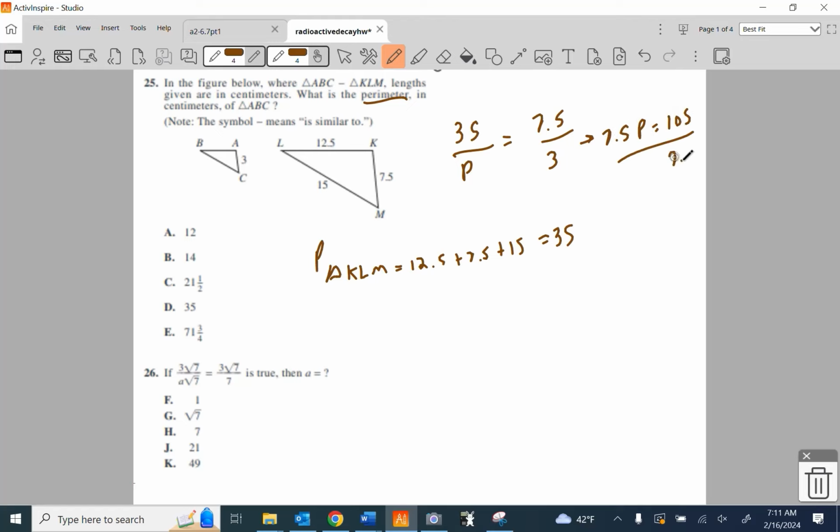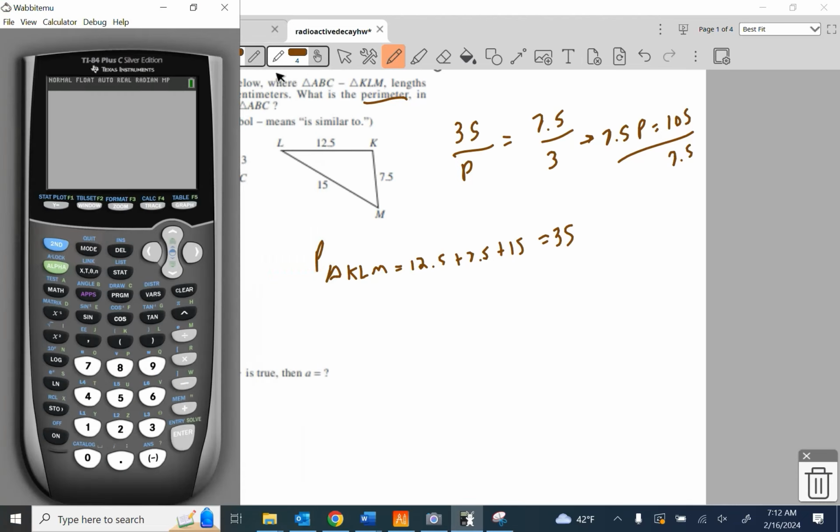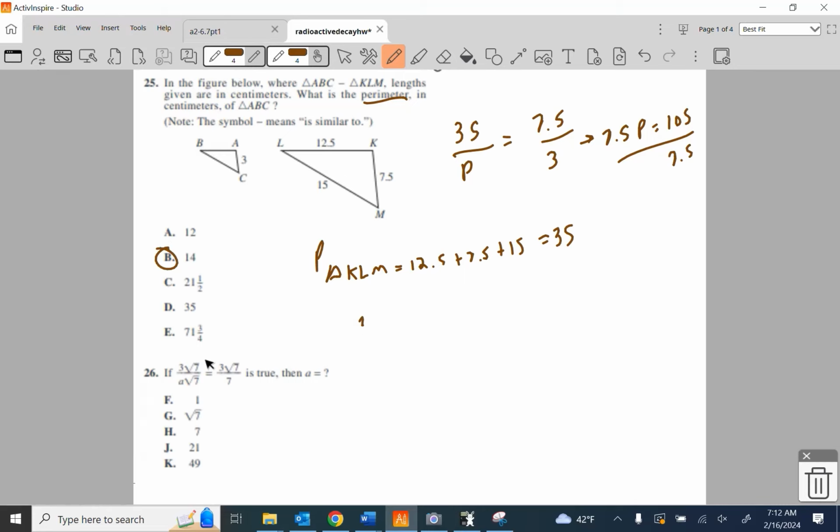And we divide out the 7.5. I'm not feeling like doing it in my head. I gotta save what little brain power I have today for grading. 14. All right, 26.